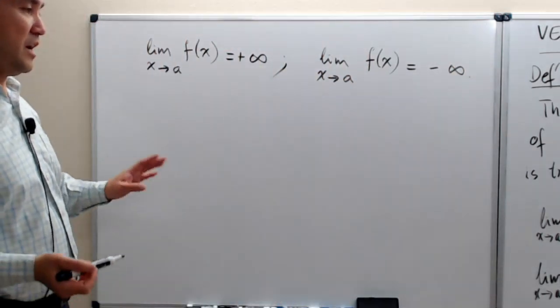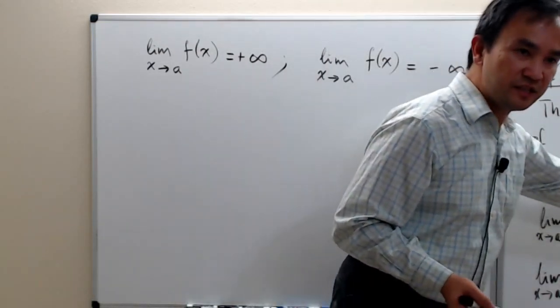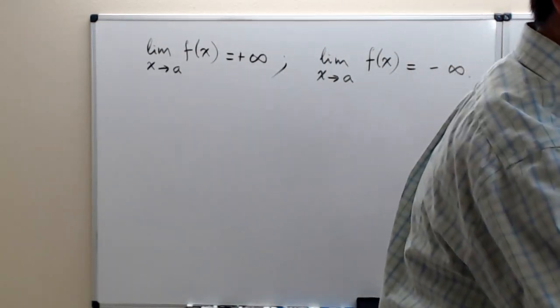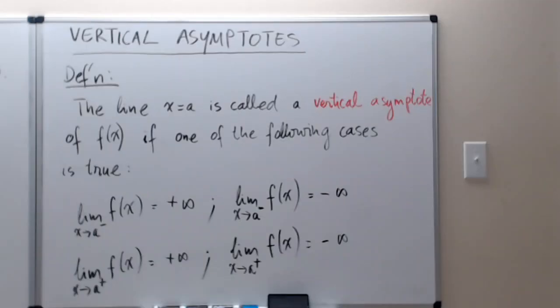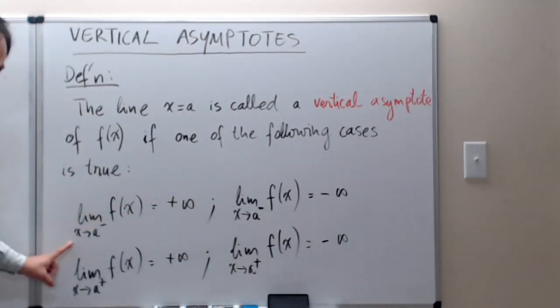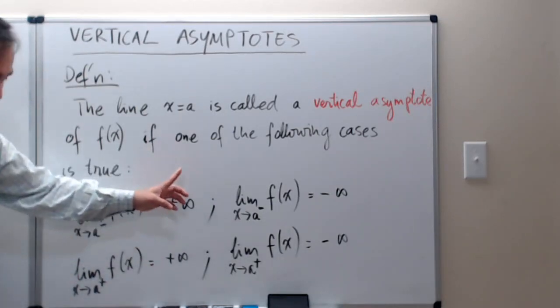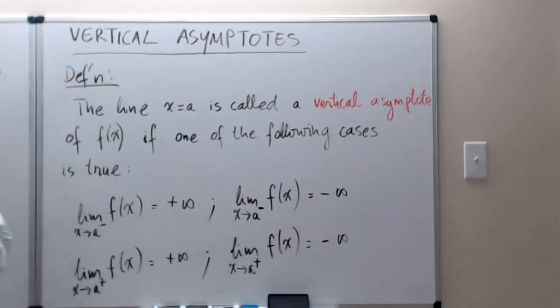So anytime you recognize your function has one of the six cases here: the first four cases on my left board are the one-sided limits, which have to go to either positive infinity or negative infinity.